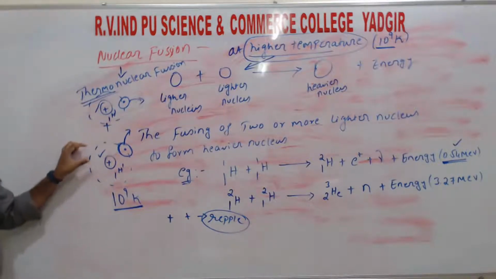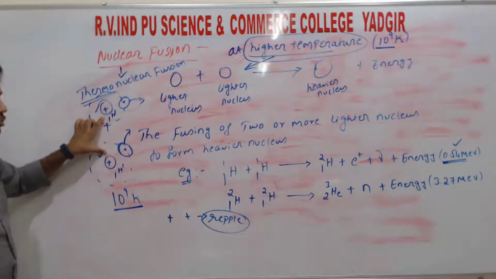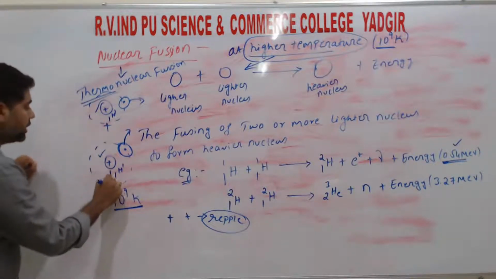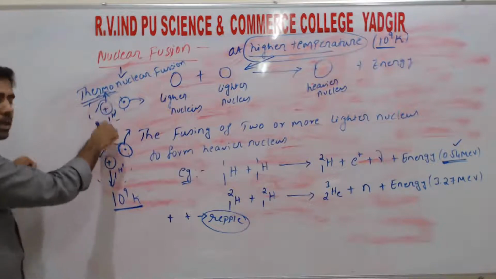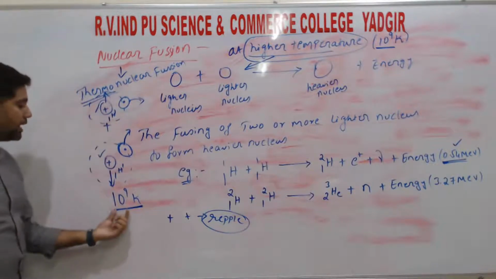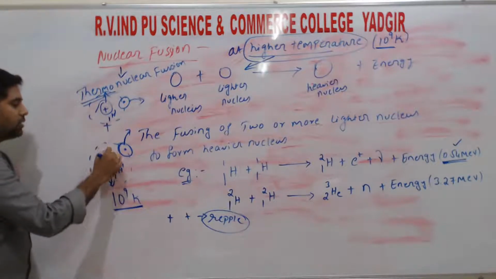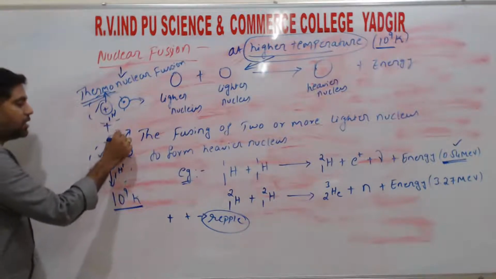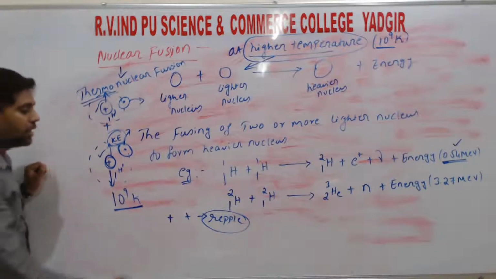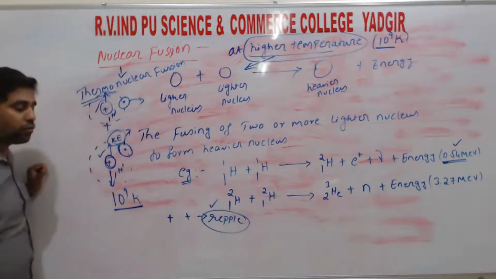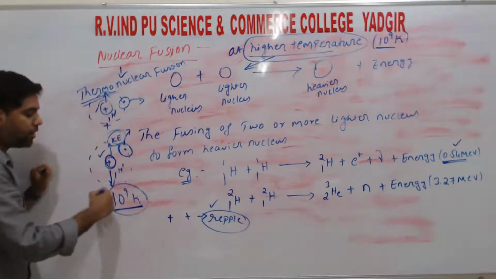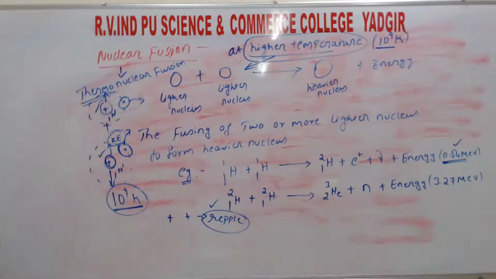According to Coulomb's electrostatic law, these two positive charges repel each other, right? So during normal temperature this happens. But when we apply this much temperature, this nucleus gains kinetic energy and it overcomes this repulsive force, right? So for that purpose we are applying this much temperature, right?